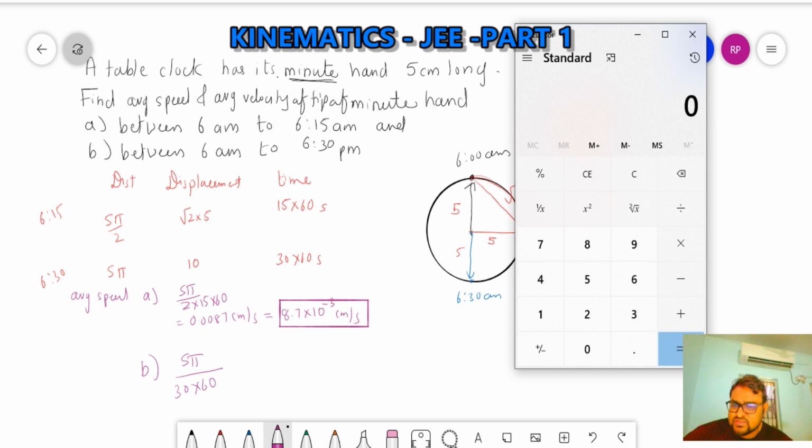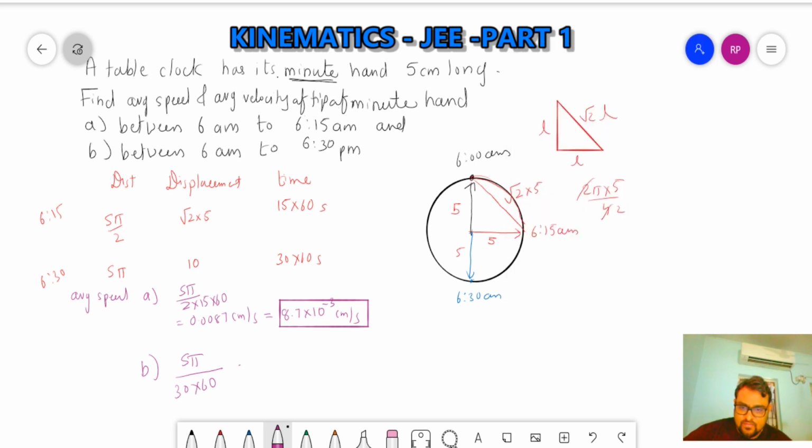Its distance is 5. Okay, it will be the same. See, why is it the same? Because remember, when you take a clock, its minute hand will move with the same speed. Right? Its minute hand will be moving with the same speed.